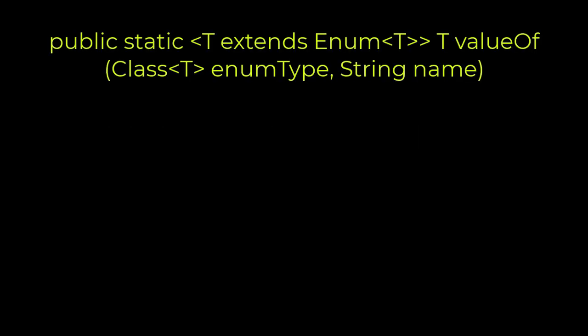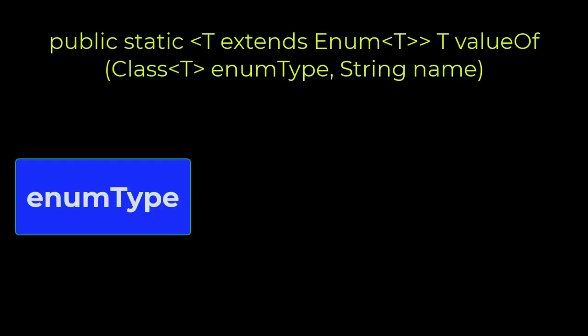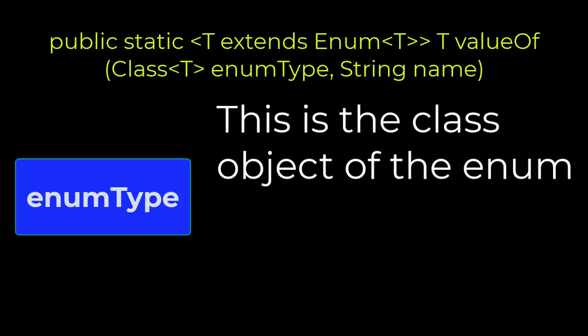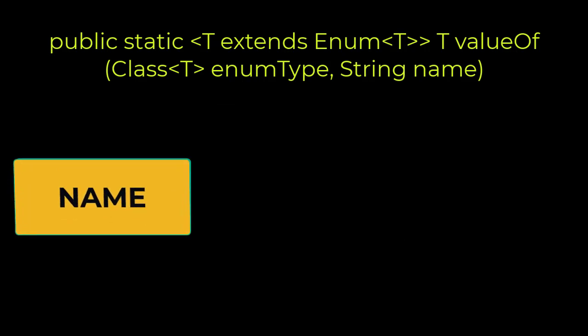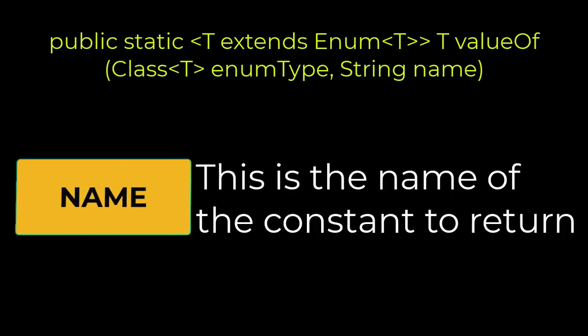So the enumType here is the class object of the enum type from which to return a constant. And the name is the name of the constant to return.